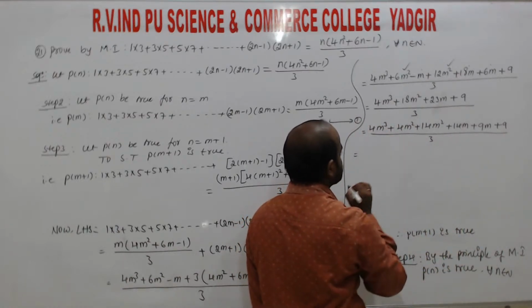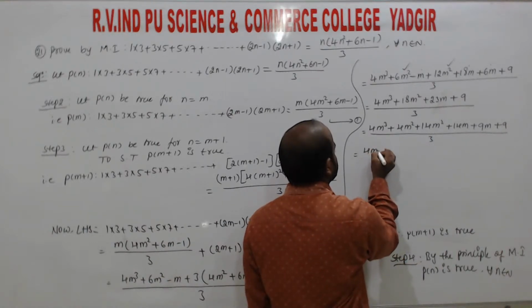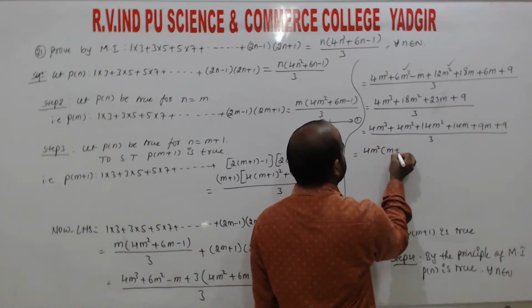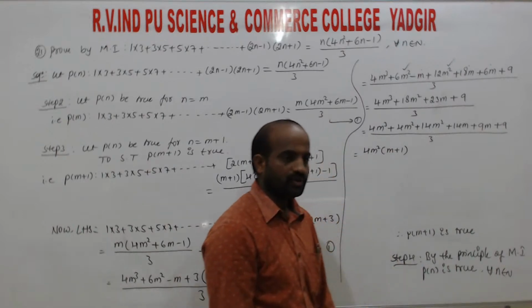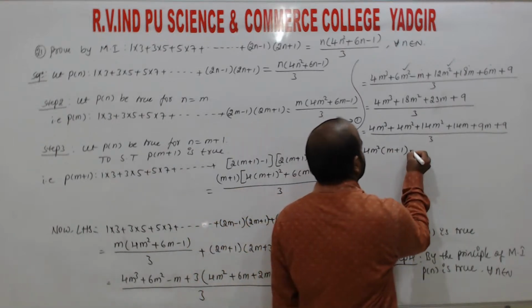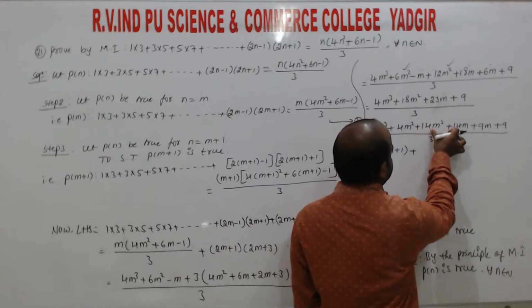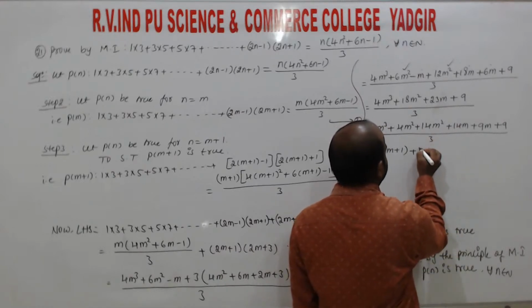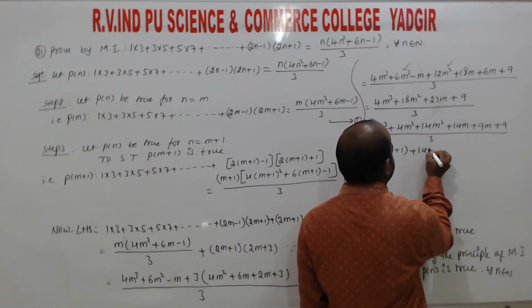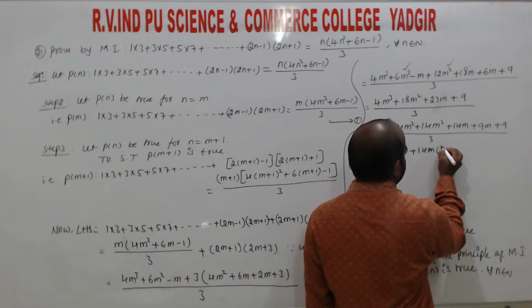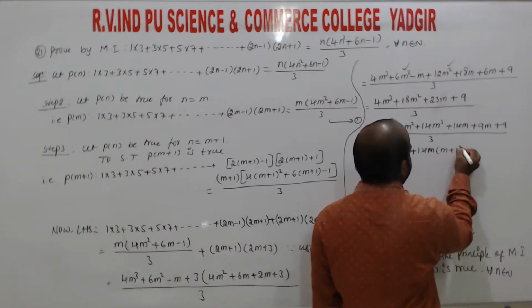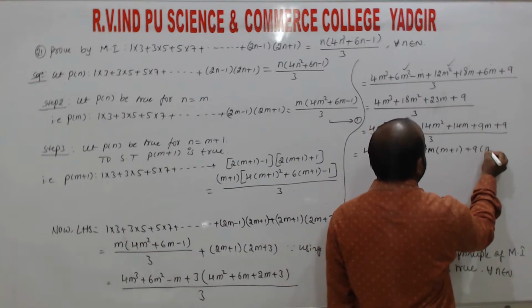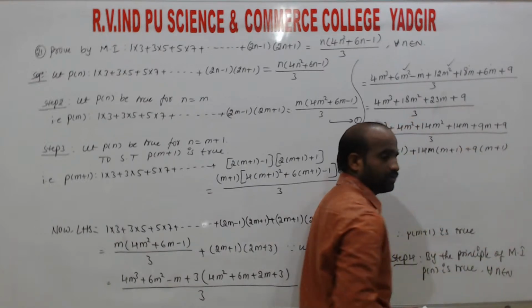Next, first two terms, 4m square is common, m plus 1. Next two terms, 14m is common, m plus 1. 9 is common, m plus 1.